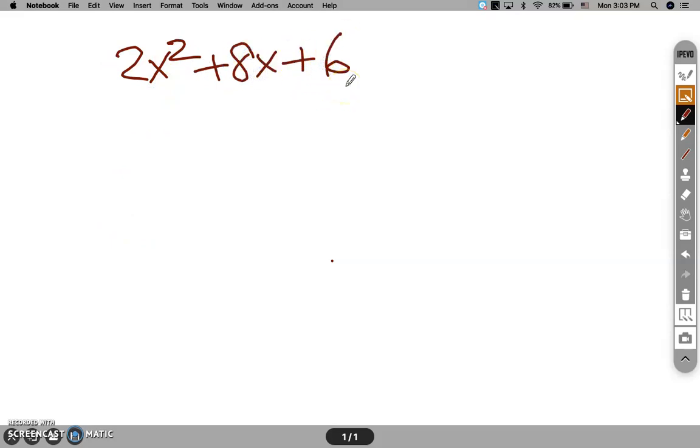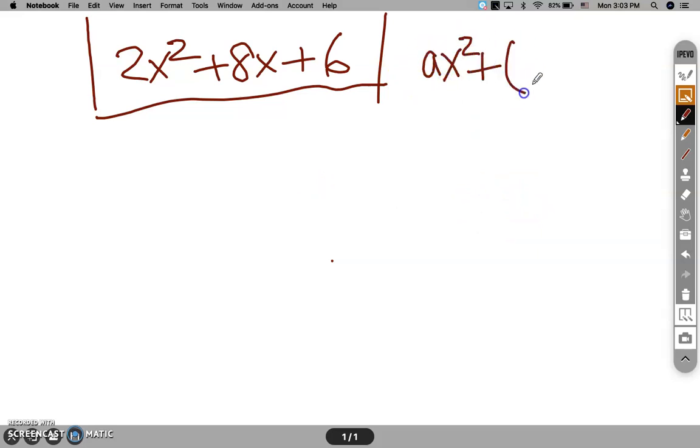Now I'm going to introduce a new formula that will help you factorize this quadratic equation. It is x squared plus (a plus b) times x plus c equal to 0.